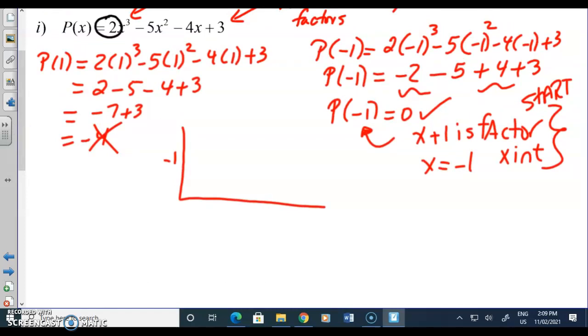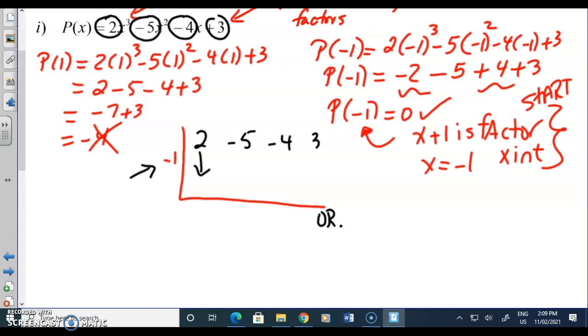So our coefficients are 2, negative 5, negative 4, and 3. Just to remind you, I know I'm going to get 0 remainder because I know negative 1 works. So you drop your 2, you get negative 2, negative 7 when you add, positive 7 when you multiply, 3 when you add, and negative 3.